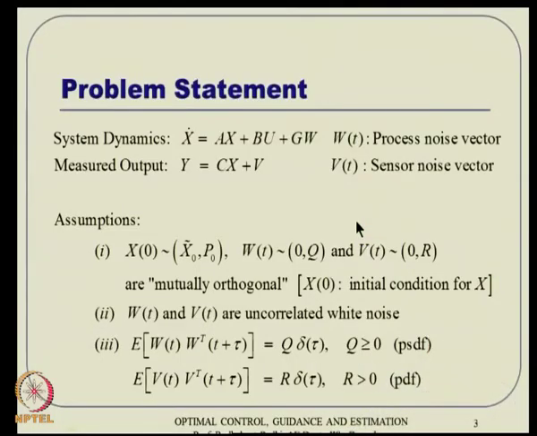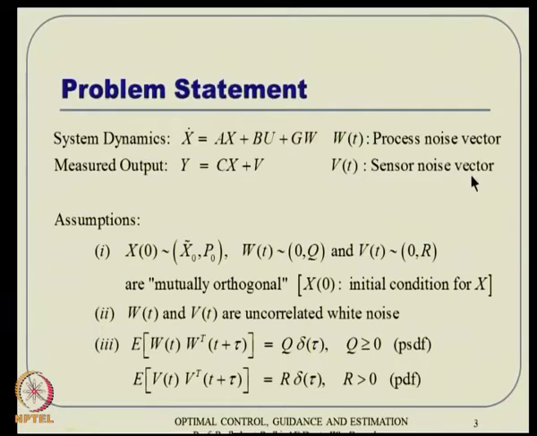Going back to the problem statement, it turns out to be something very precisely like this. You have a system dynamics which is x dot is Ax plus Bu plus Gw, whereas the measured output is something like Cx plus v, where w and v are noise terms. w is a process noise vector and v is a sensor noise vector.